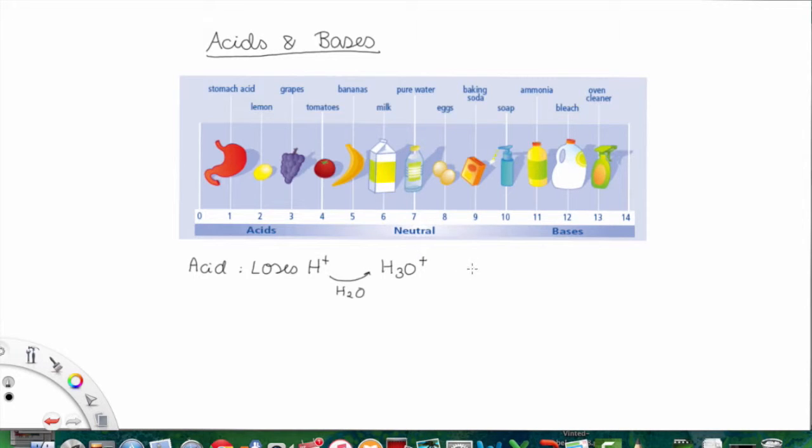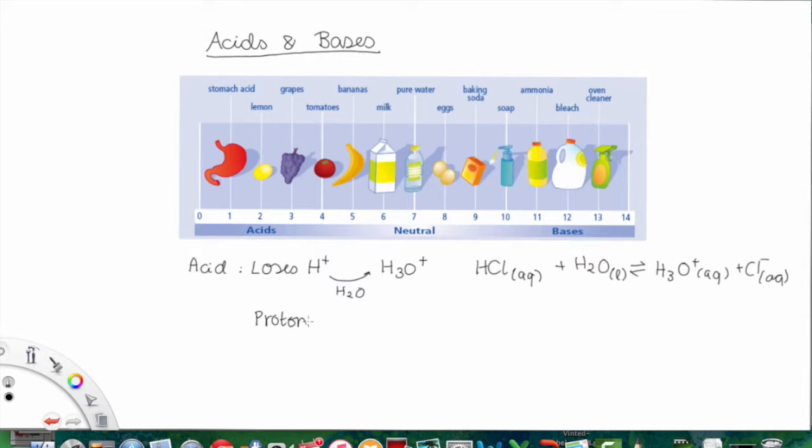An example of an acid reaction is HCl, a very strong acid, combined with water, a liquid, giving this hydronium ion, which is aqueous, and Cl-, which is aqueous. So acids are proton donors.